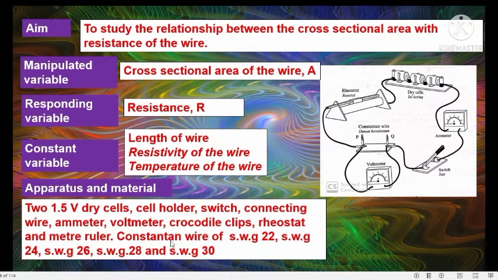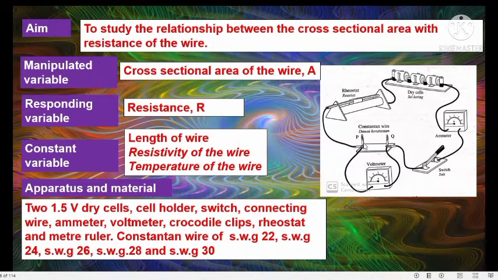So the constantan wires of SWG 22, 24, 26, 28, and 30. The setup of apparatus is the same as the first experiment 3.2. The difference is the constantan wire, which you just change to different thickness.